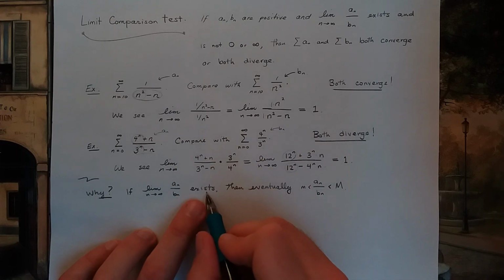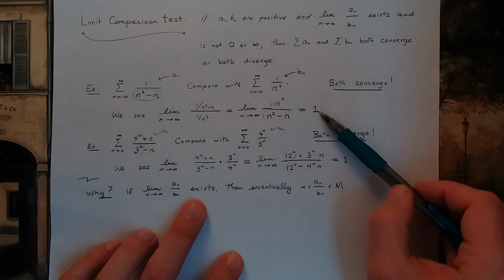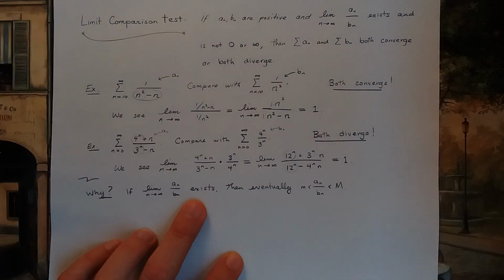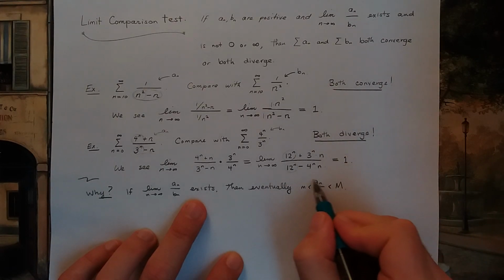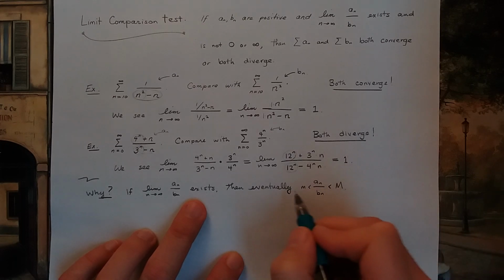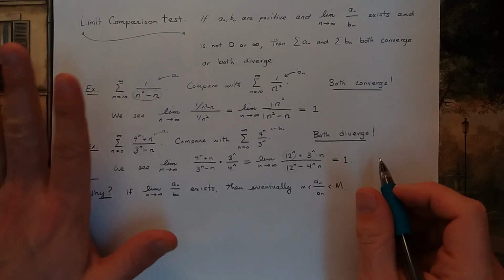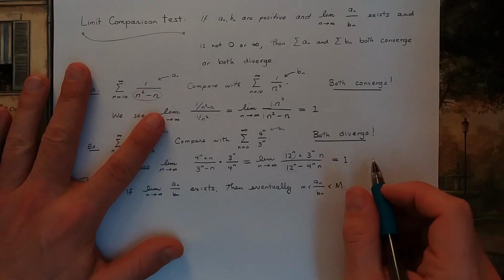The limit is going to exist. It's not going to be 0. It's not going to be infinity. It might be a number like 1. So eventually, the terms are going to be in between two values for all n.